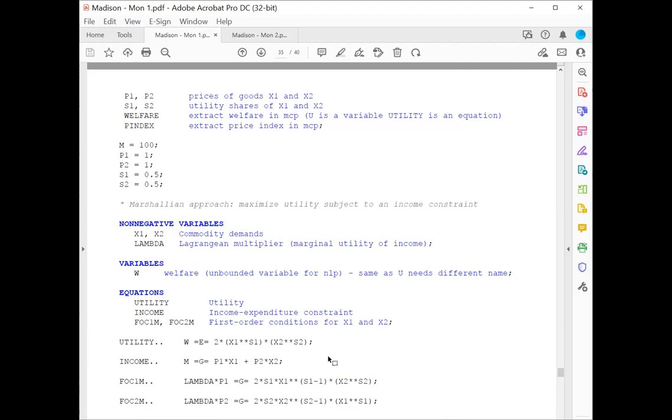Well, the problem again is that in a general equilibrium model where you have different agents maximizing different things, firms, households, government, you can't write the general equilibrium model as an NLP because you're not just maximizing one thing.